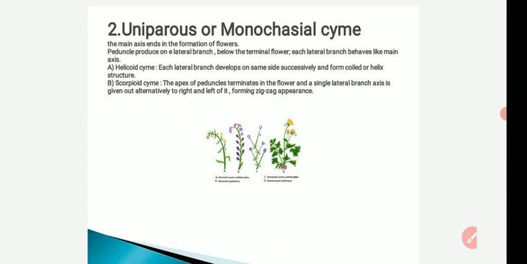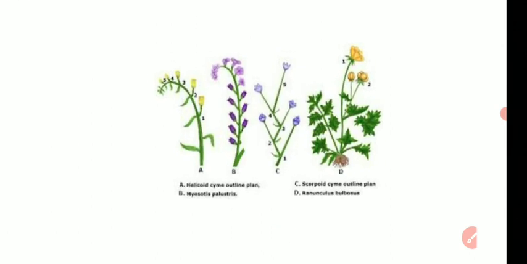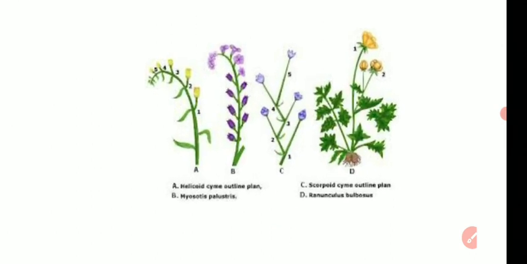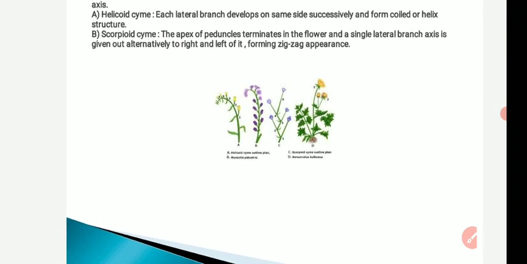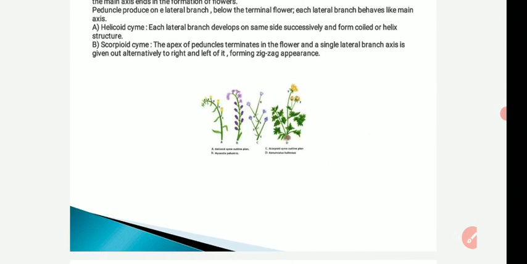For example, Hamelia patens as shown in this figure. This diagram A shows the helicoid type of cyme inflorescence, which gives a curved or coiled structure to the peduncle.